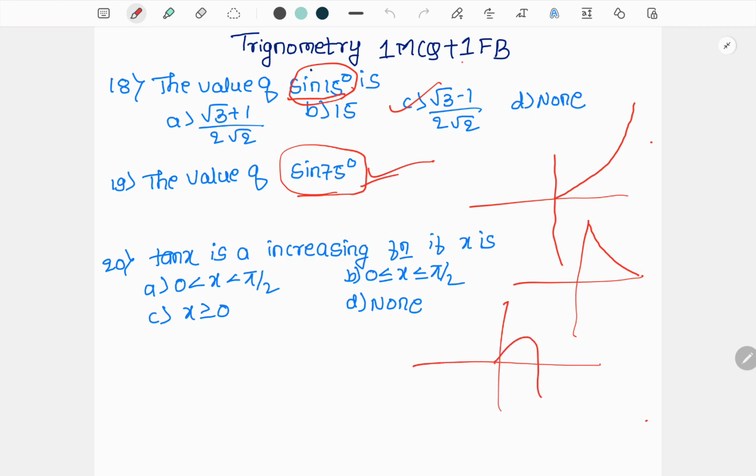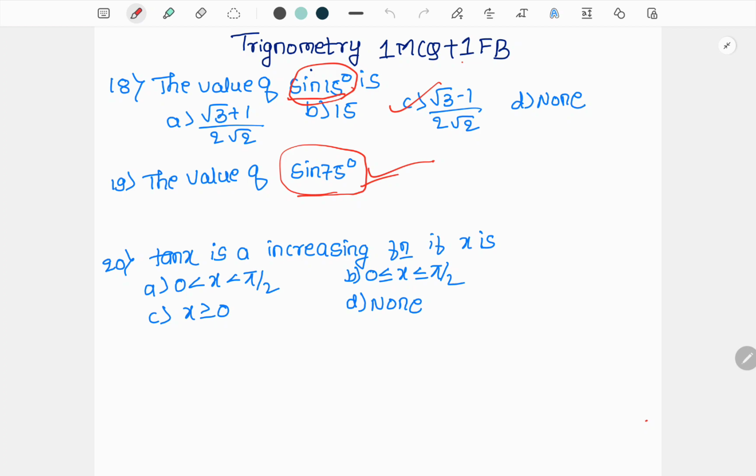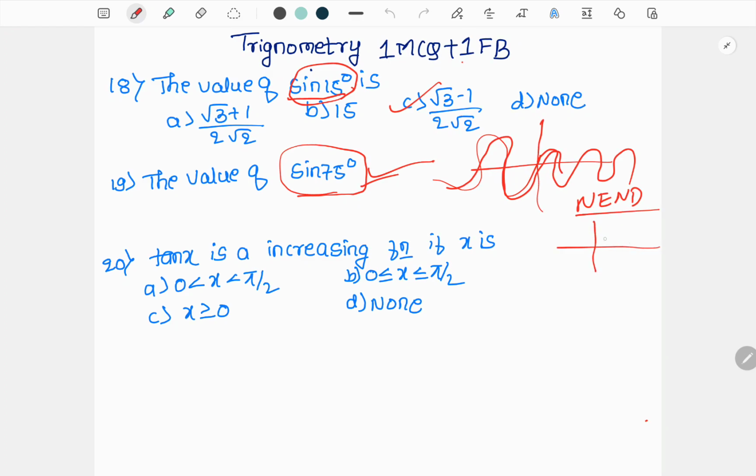If from left to right the graph goes up and down, it is neither increasing nor decreasing. This is one graphical method, I will tell you both. The sine graph is like this, from left to right it increases and also decreases. It is neither increasing nor decreasing. The cos graph is also similar, so that is also neither increasing nor decreasing.